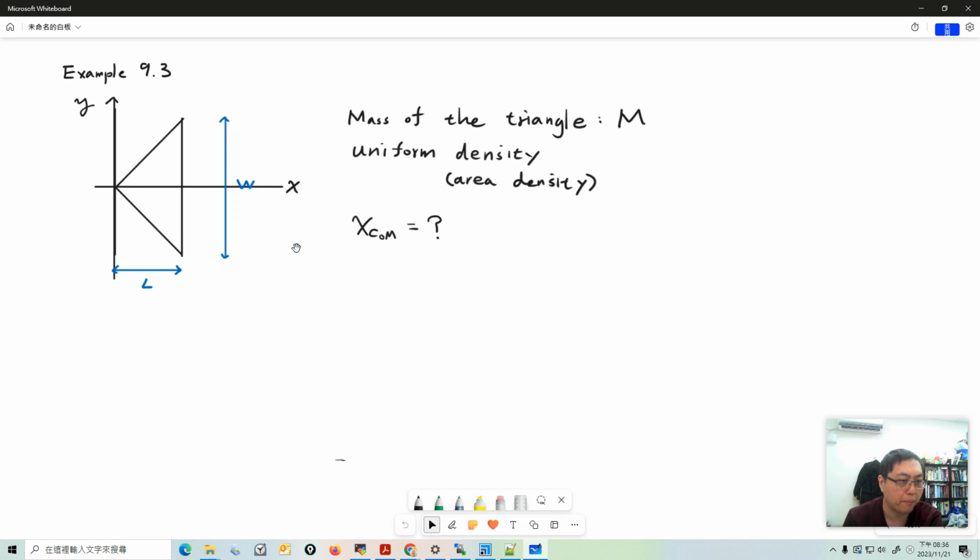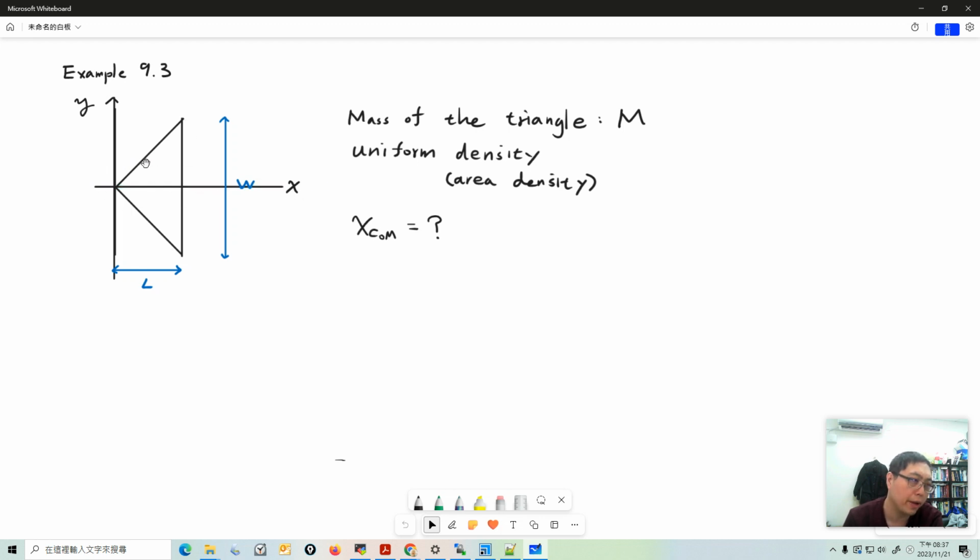This is a 2D problem. This problem didn't ask you to calculate the y coordinate of the center of mass, because this triangle is symmetric with respect to the x-axis.